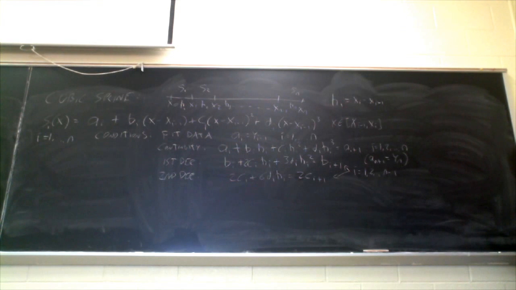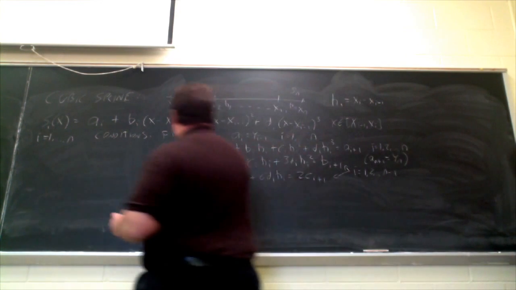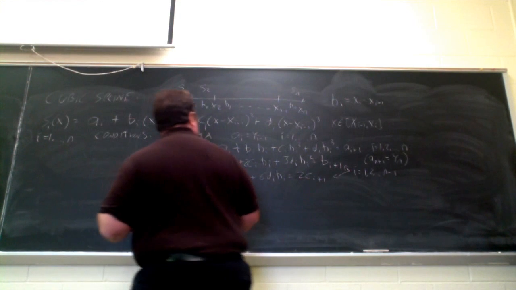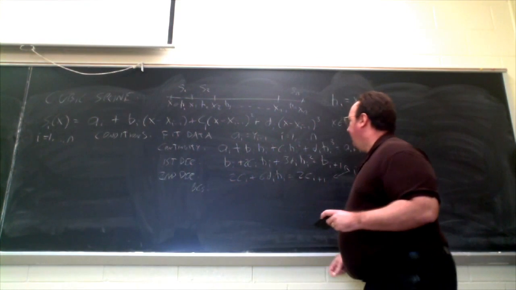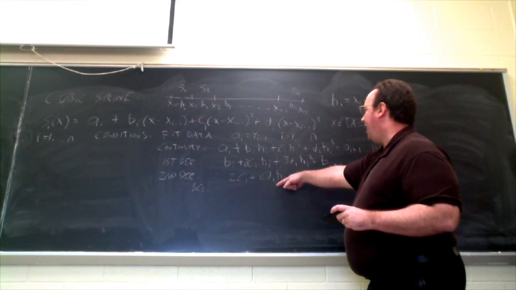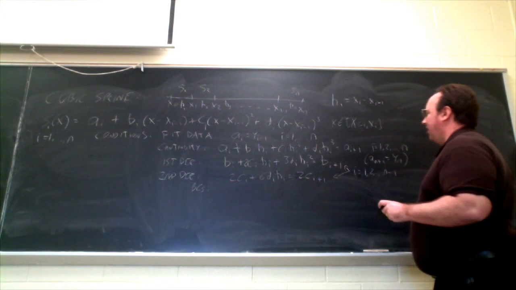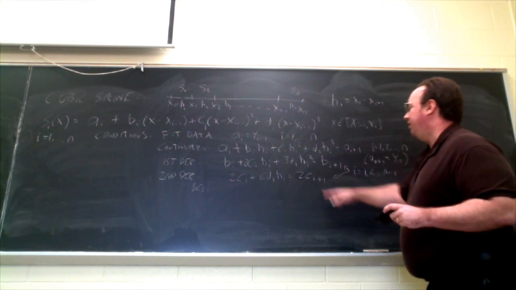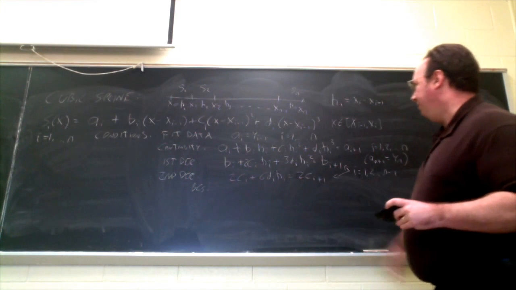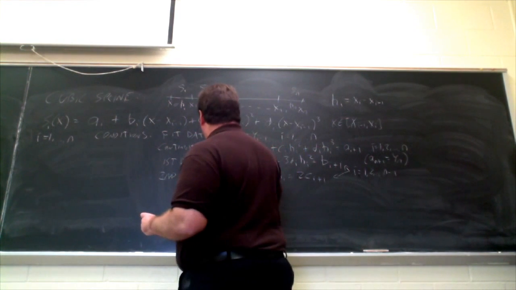And that, as I mentioned last time, determines almost everything. Because all these are the values of S_i at x_i, and this is S_{i+1} at x_i: function, first derivative, second derivative. That was all covered last time. I've done nothing new yet.